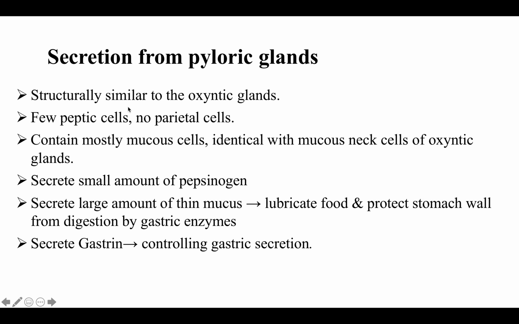These cells also secrete small amounts of pepsinogen, however, large amounts of thin mucus, and this mucus is important for lubrication and protection of the stomach wall from digestion by gastric enzymes. Also, the pyloric glands secrete gastrin, an important hormone for controlling the gastric secretion.